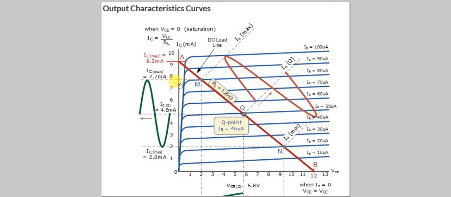Basically, this is not the cutoff region; this is very close to it. Let me draw the line so you can have an idea about it. Again, this is typical, where we can see that IB is there. This is IB, actually this whole IB is 0 at this particular point. This is the cutoff region.